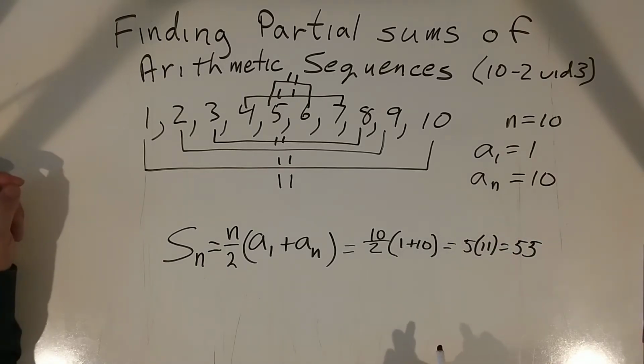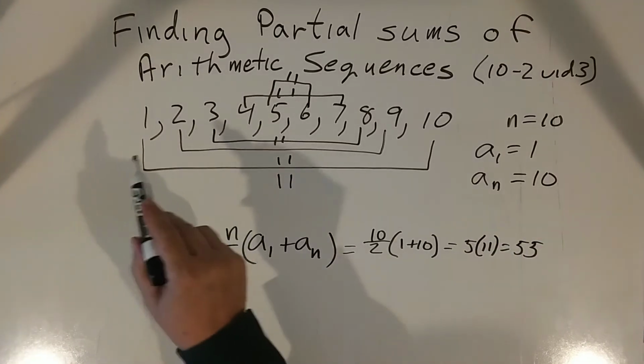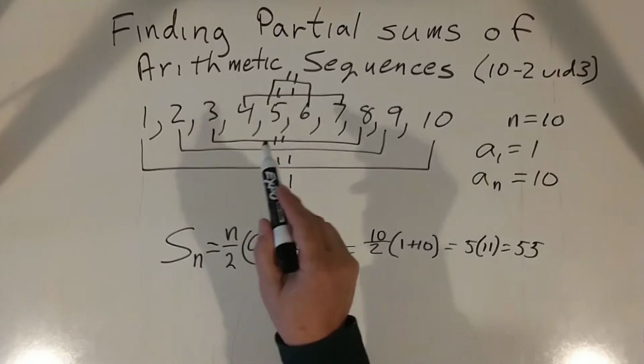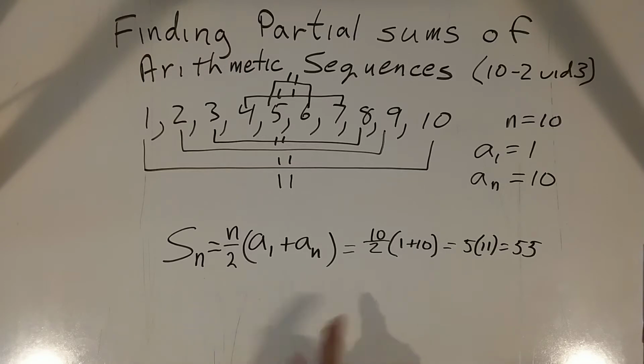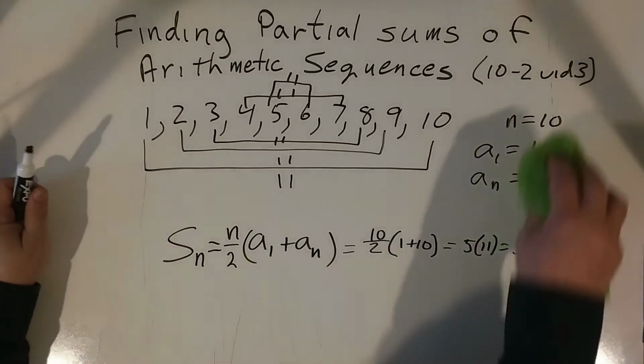That's a lot faster than adding 1 plus 2 plus 3 plus 4 plus 5 plus 6 plus 7 by noting the patterns that we have in an arithmetic sequence. So this is a very important formula for our use.